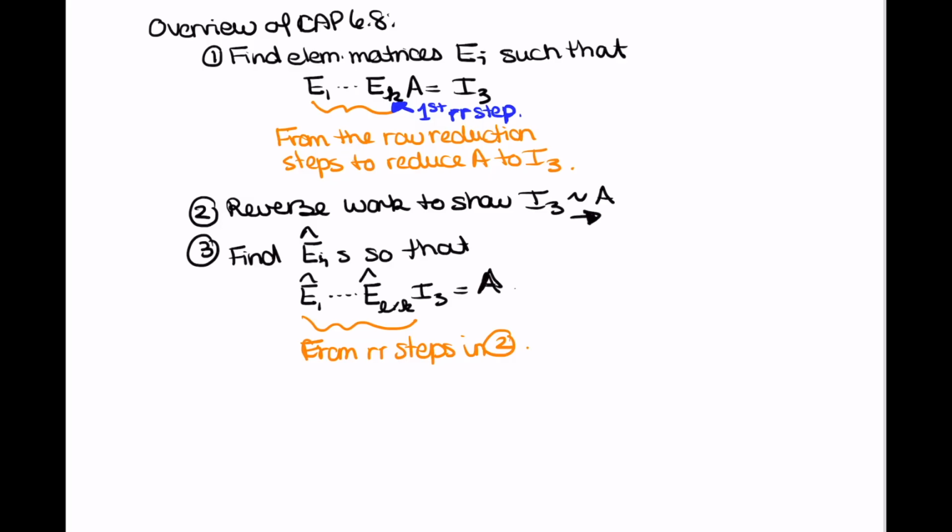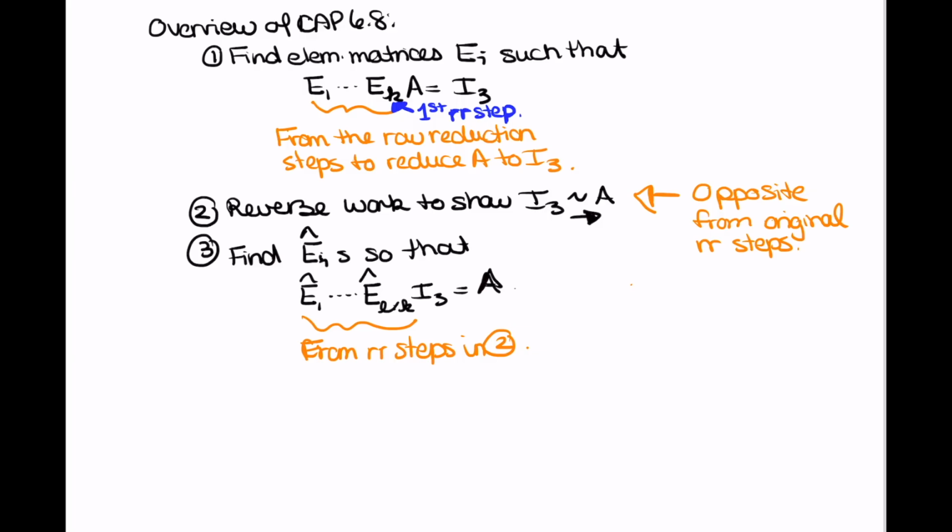What is going to be the difference between the elementary matrices that come from opposite steps? So if we have opposite steps, as in part 2, how do the elementary matrices in part 3 correspond to the elementary matrices in part 1, I should say?